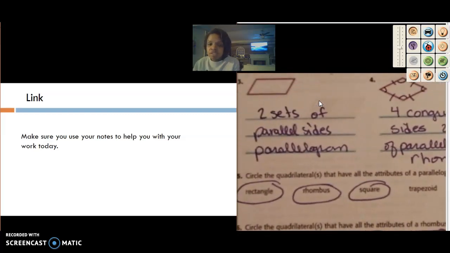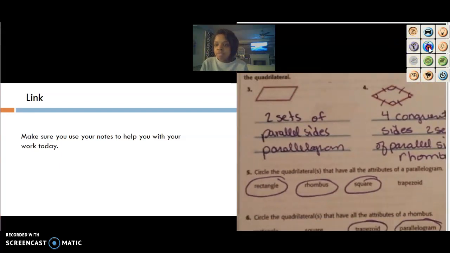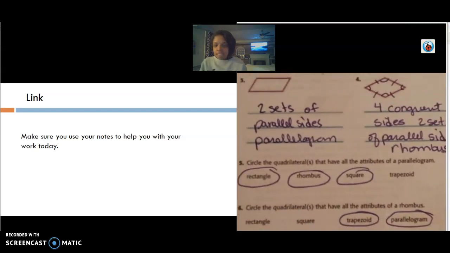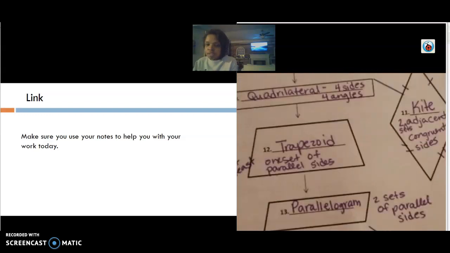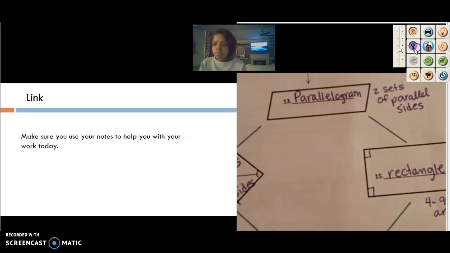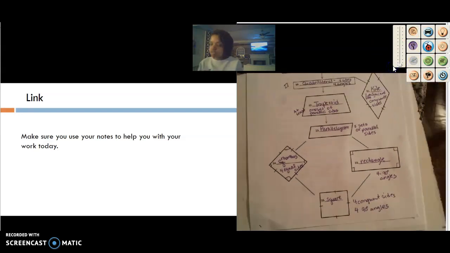All right, number 5 says circle the quadrilaterals that have all the attributes of a parallelogram. Let's move this out of the way. All right, so what I want you to see is that to be a parallelogram, we used our hierarchy here. Remember, everything going up is true.